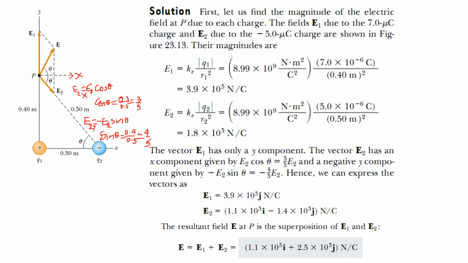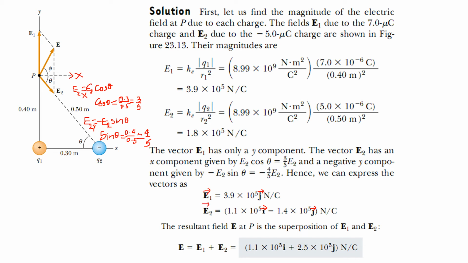Hence E1 is equal to 3.9 times 10 to the power 5 times j, which means it is along the y-axis. E2 equals 1.1 times 10 to the power 5 times unit vector i minus 1.4 times 10 to the power 5 times unit vector j, because these are vectors.